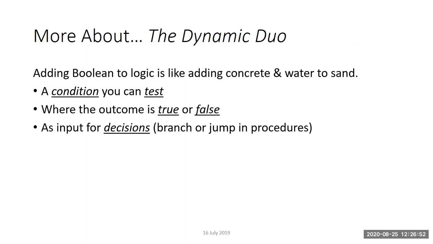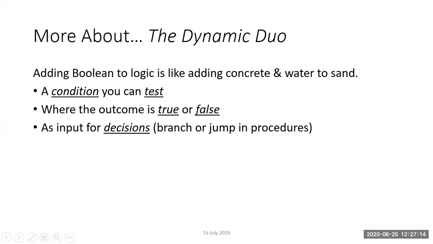So when we talk about the dynamic duo, it's those two things: a condition that you can test. If you have a condition you can't test, you're kind of dead in the water.